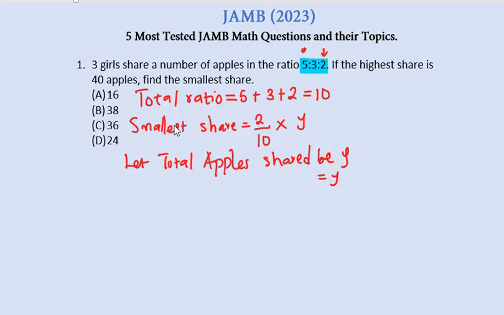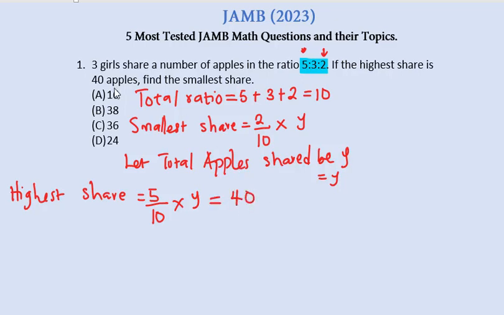Okay, now we want to solve for the smallest share and we have a challenge, but that's no problem. Let's go back to the biggest share which was given to us, or the highest share. So the highest share is equal to 5, which is the ratio, over total ratio 10 multiplied by our total number of apples shared, and is equal to what? 40.